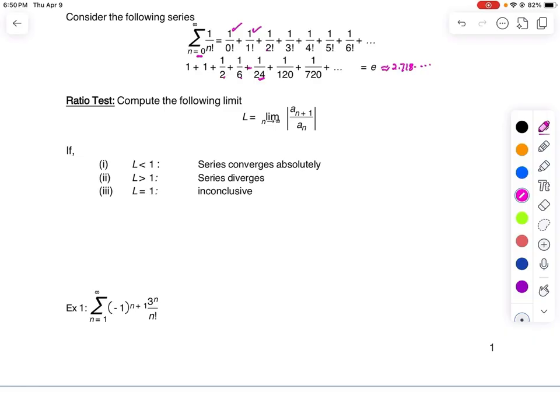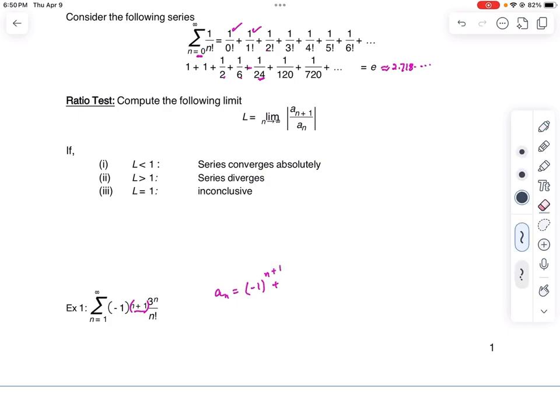First example here. It says the summation of negative 1 to the n, 3 to the n over n factorial. I don't know why this 1 is in here, just a typo. Okay, so what is a_n here? Oh no, I see. This is the power of negative 1.